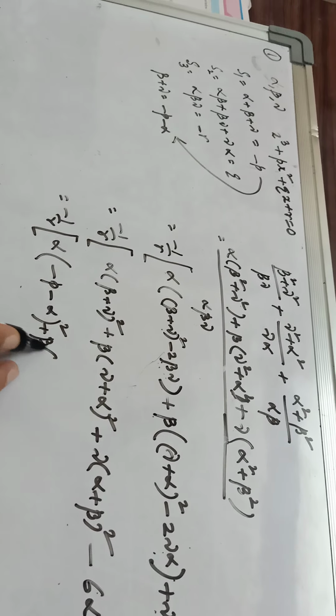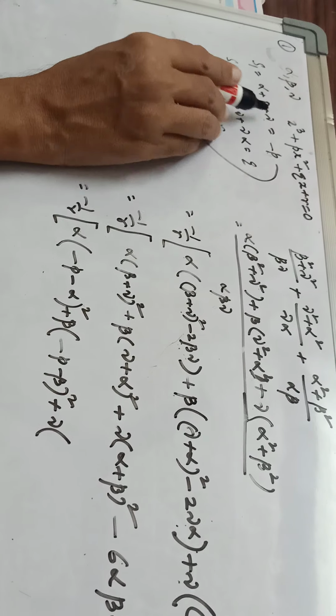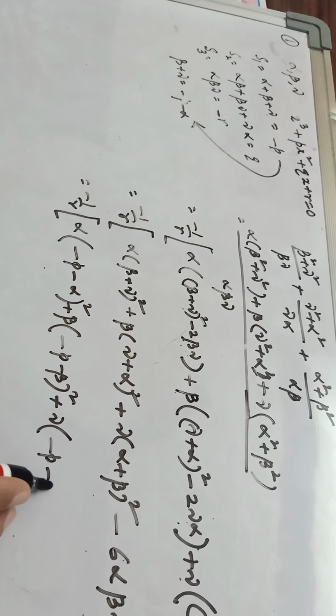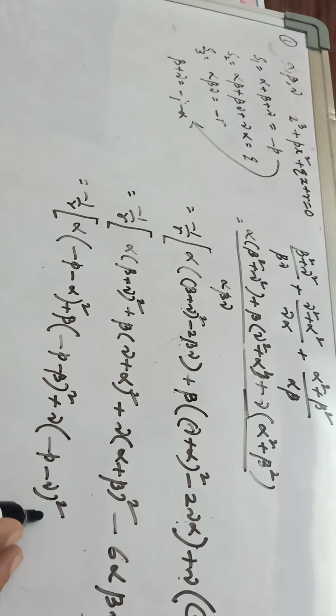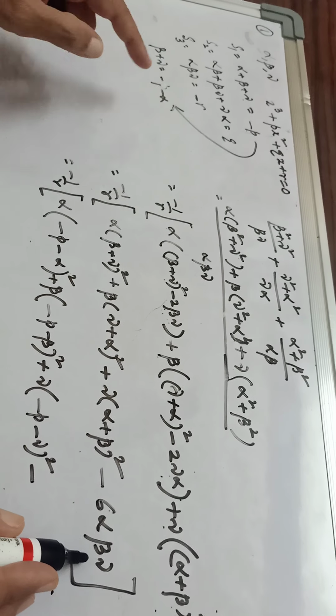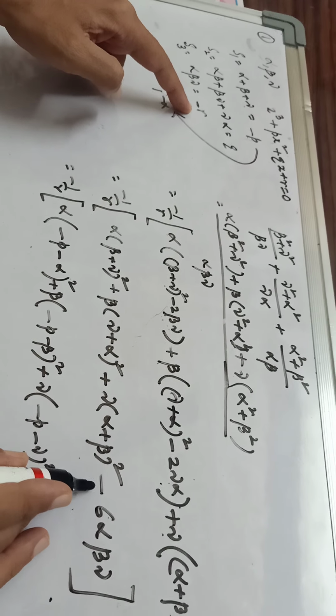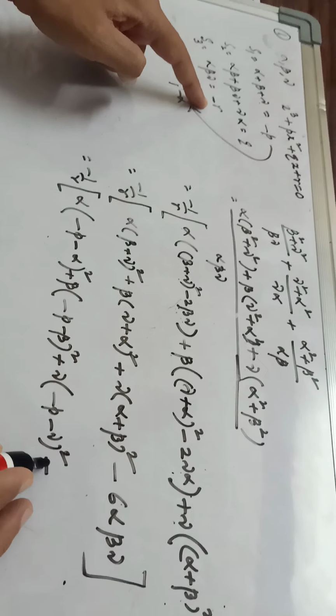That is minus p minus beta whole square, plus gamma into, what is alpha plus beta? Minus p minus gamma whole square, minus 6 alpha beta gamma. Alpha beta gamma is available with us, minus r. Minus 6 into minus r is plus 6r.